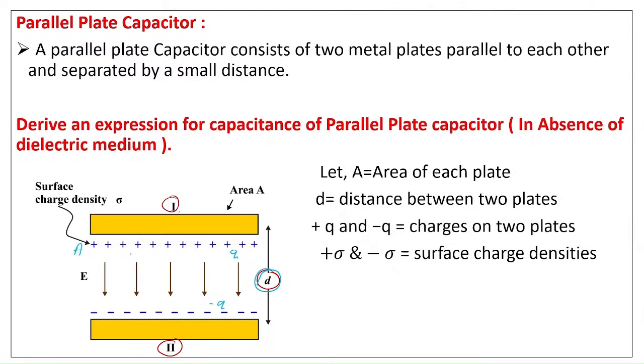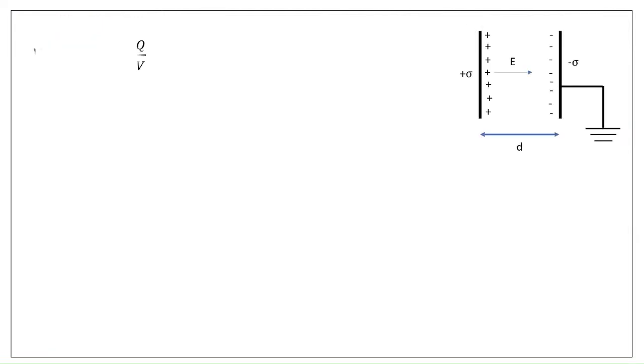Charges on two plates are plus sigma and minus sigma, the respective surface charge densities, and E be the uniform electric field between the plates. We have C is equal to Q by V. Mark as equation 1.